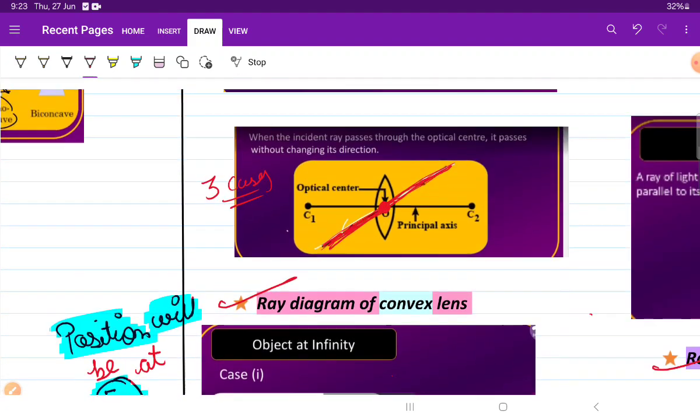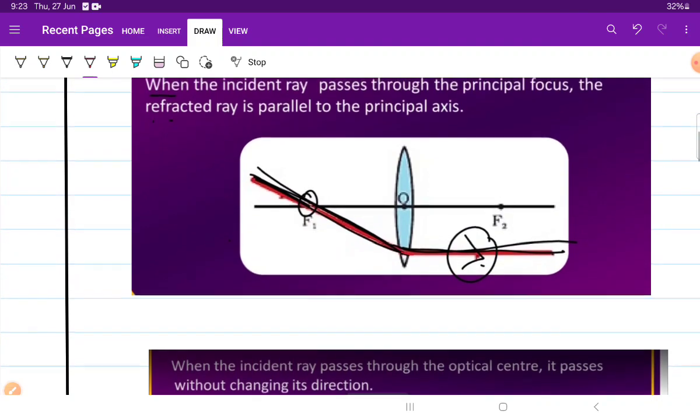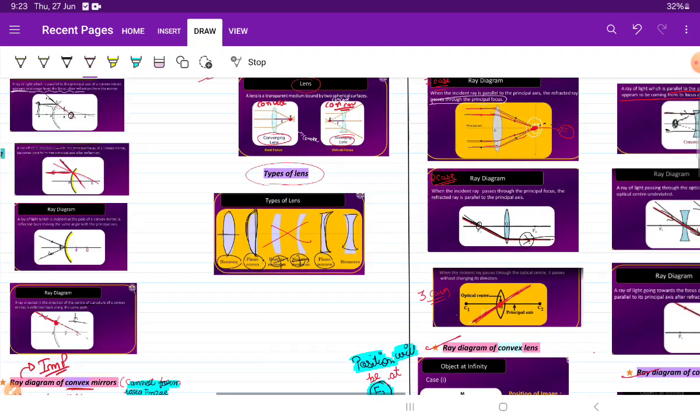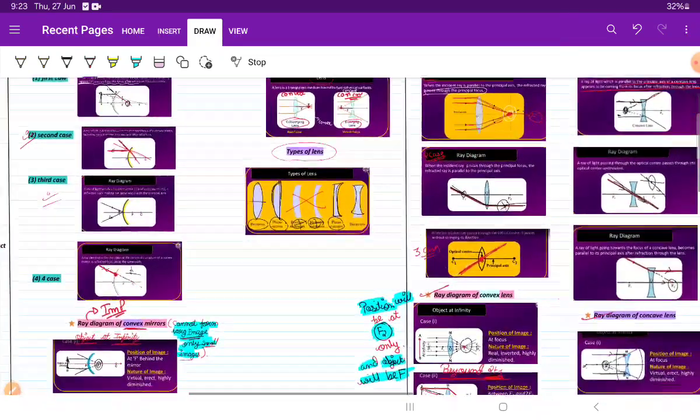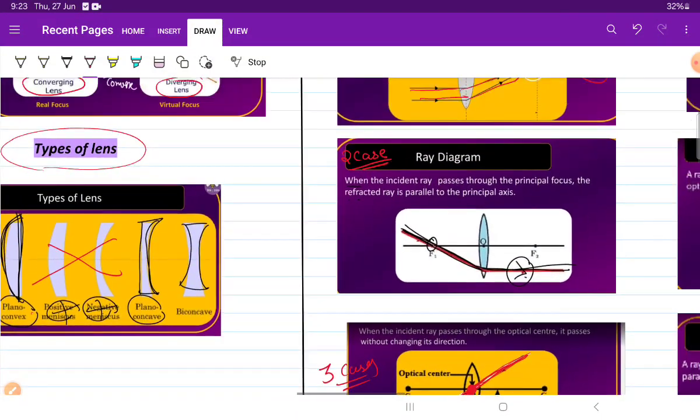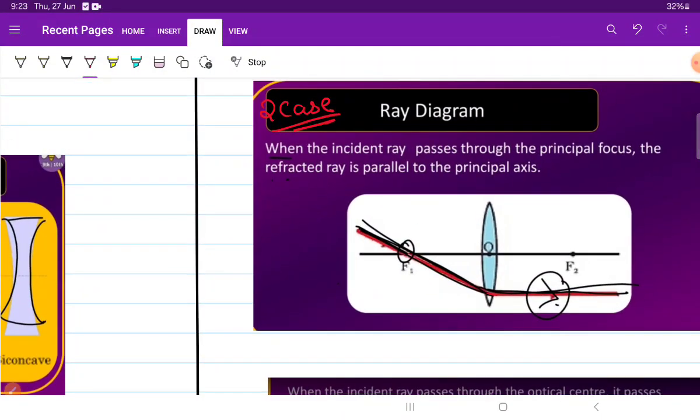And here is one exception, in which there is a fourth law which you have to study.